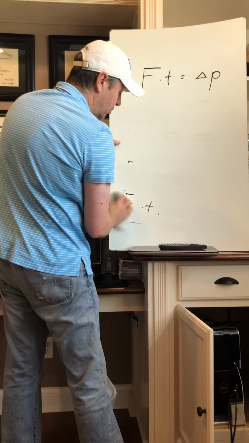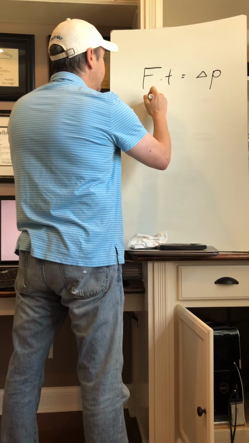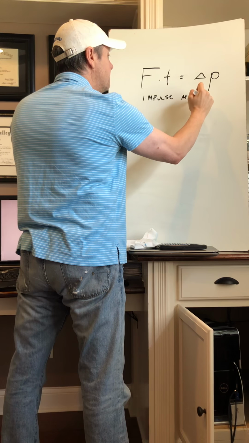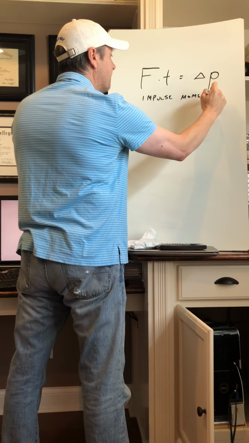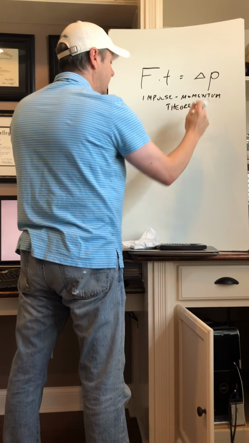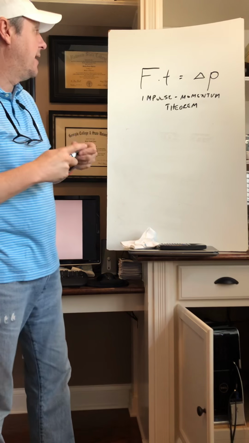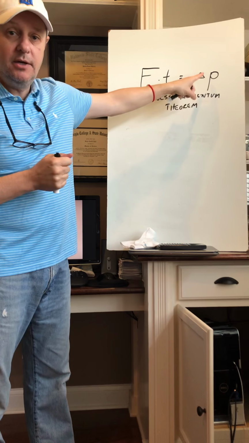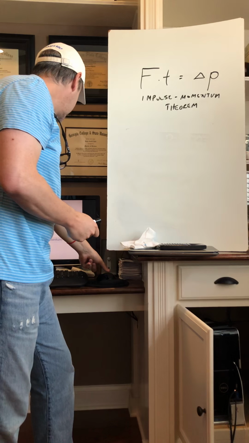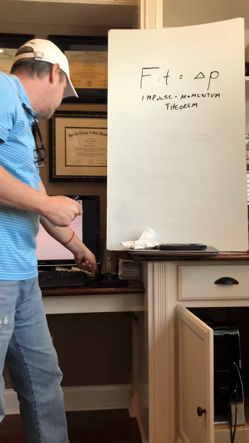This relationship between force, time, and momentum is referred to as the impulse momentum theorem. And it simply says that any force or net force that acts during a period of time can cause, or will cause, the change in momentum of an object. In your slide, it's 6.2. It basically says exactly what I just said.